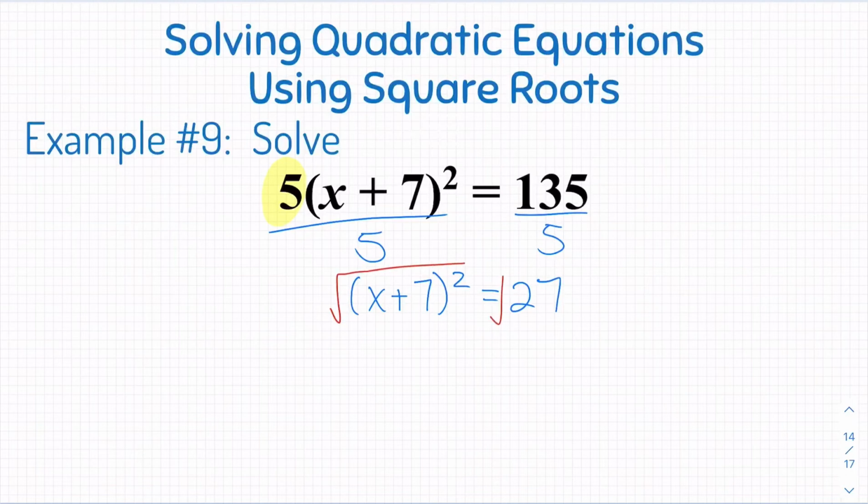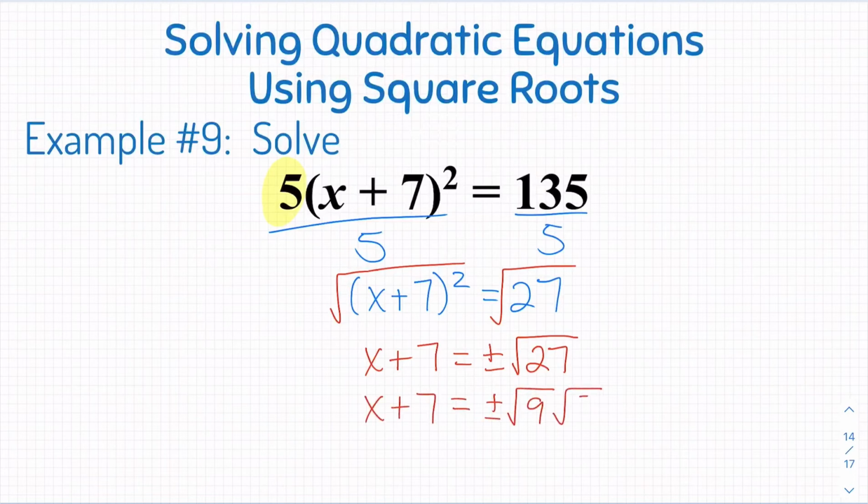Then when I take the square root of both sides, I get x plus 7 equals plus or minus radical 27, which I know I can break radical 27 into 9 and 3. So plus or minus 3 radical 3.